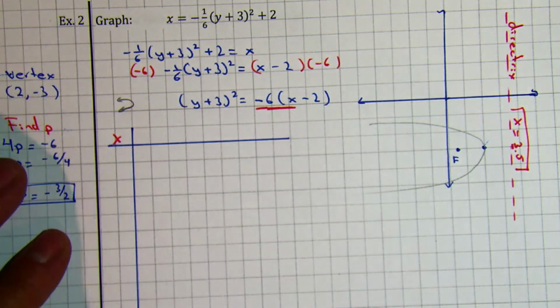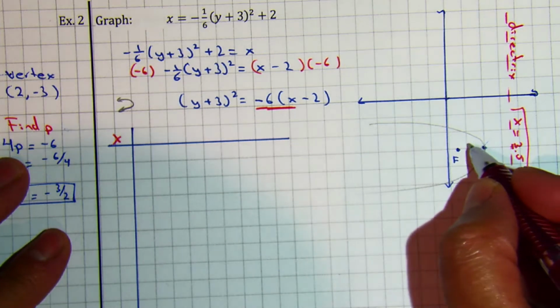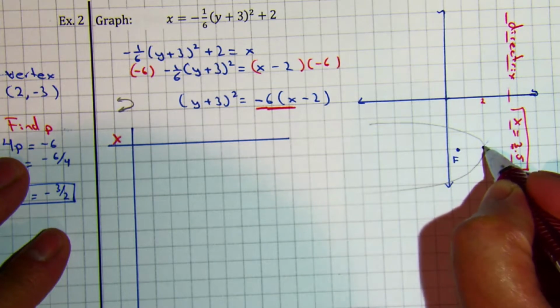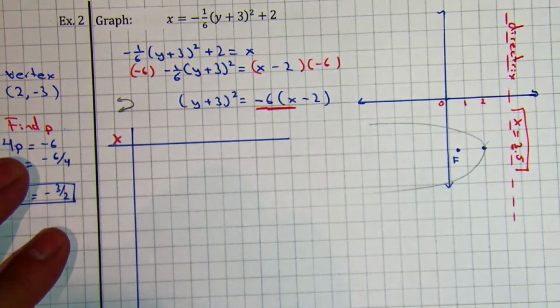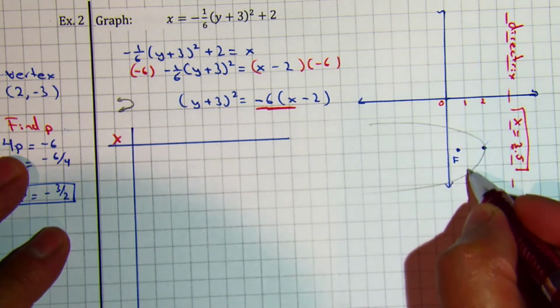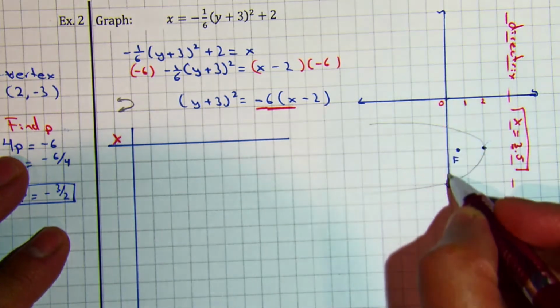So what value should I plug in for x? Remember that you always want to go inside your parabola. If you plug in a 2, it's going to give you negative 3. So I'm going to plug in a 1 and then a 0. If you plug in a 1, it's going to give you this point and this point. If you plug in a 0 for x, it's going to give you this point and that point.